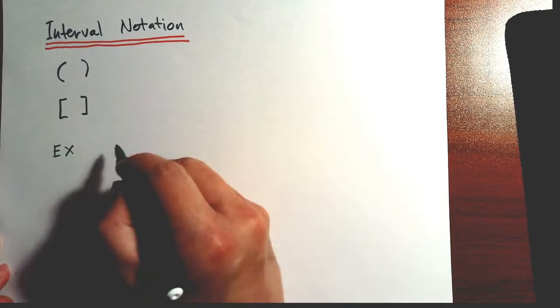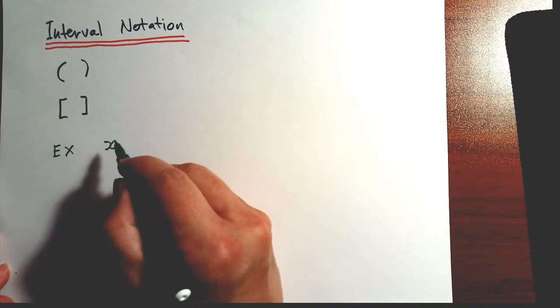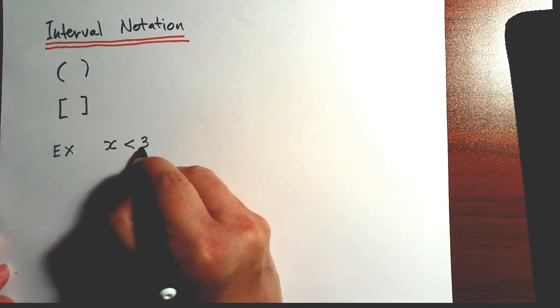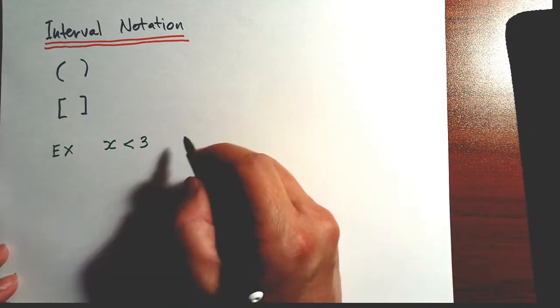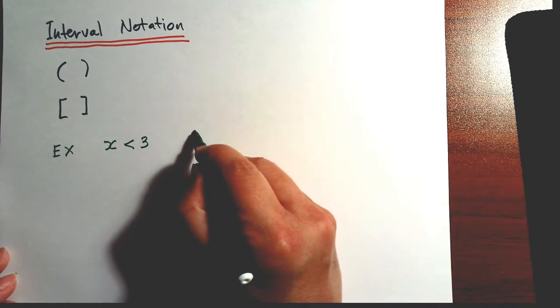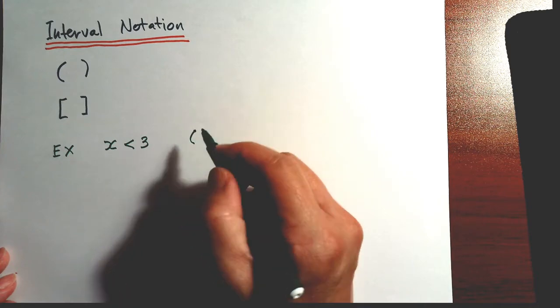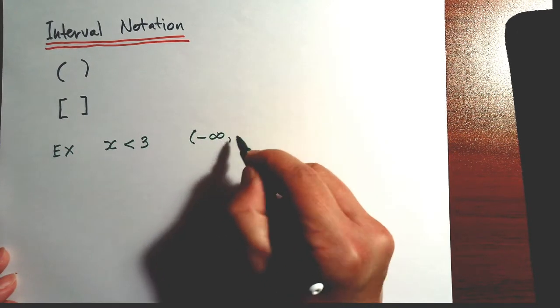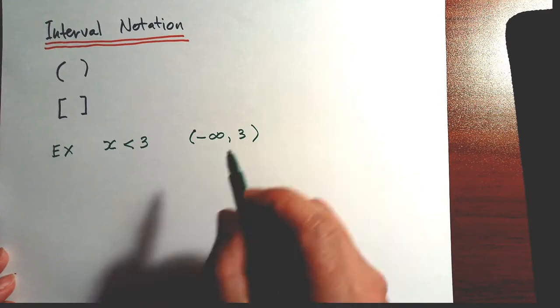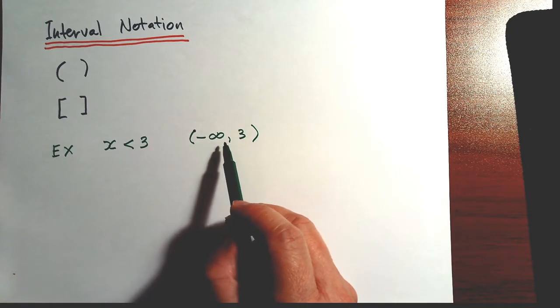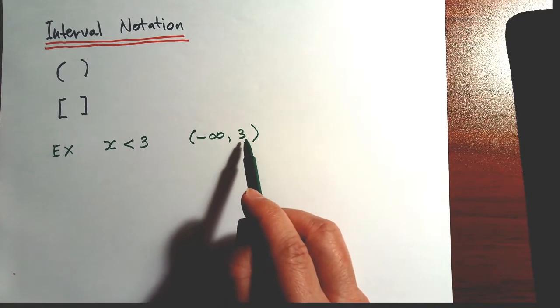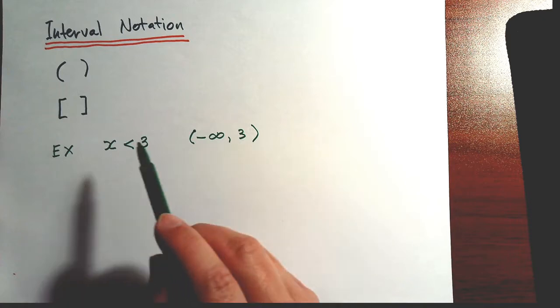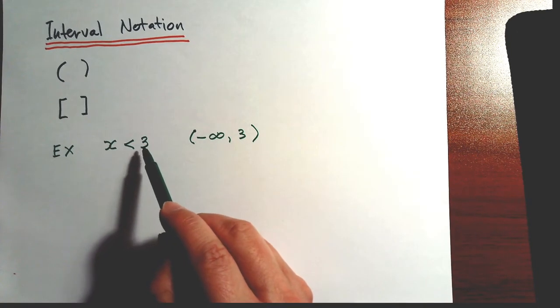Example: x less than 3. This means that x is a number between minus infinity and 3, but x is not included in 3.